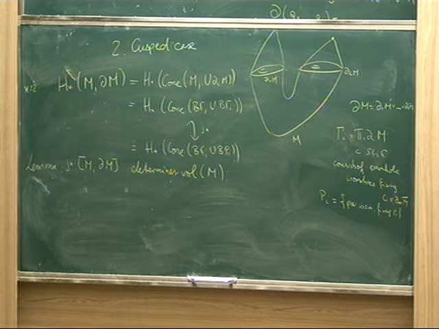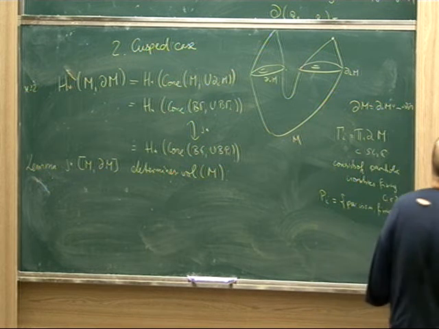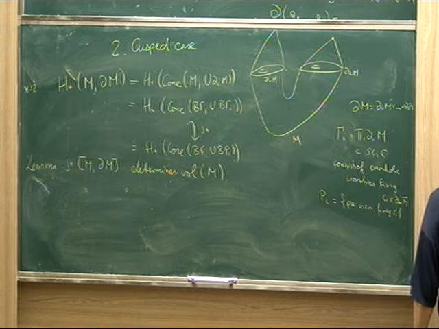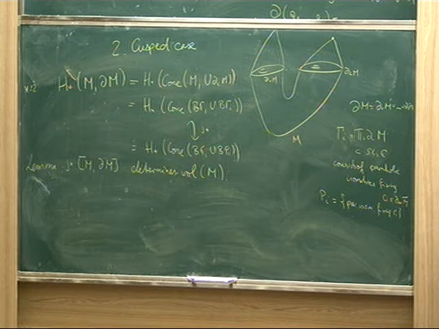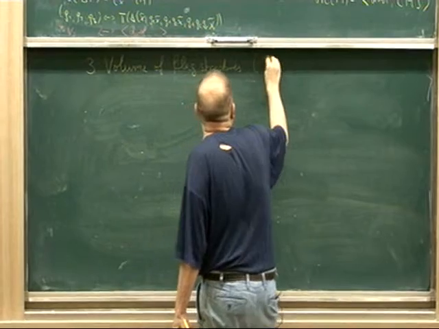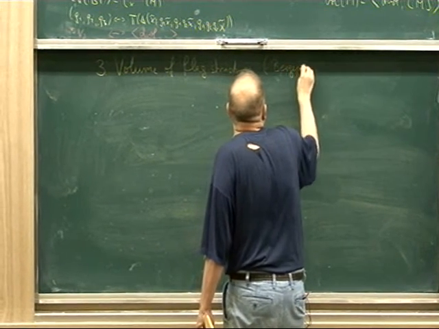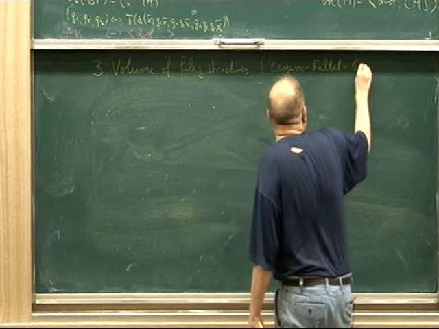I want to give one example: the so-called volume of flag structures, which was introduced by Bergeron, Falbel and Guilloux.